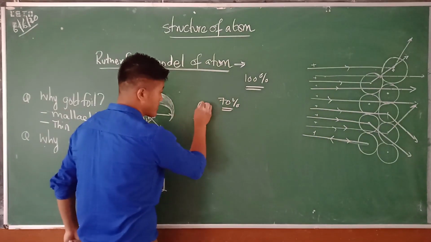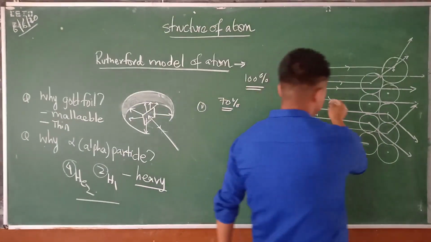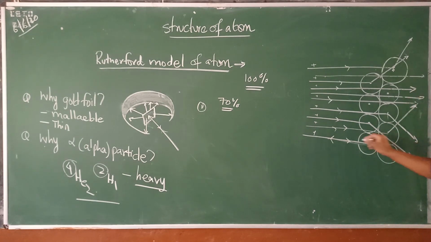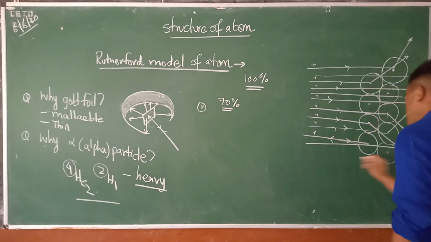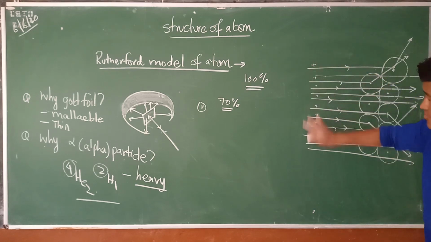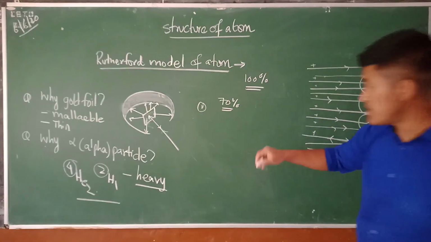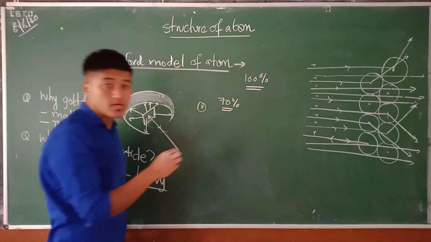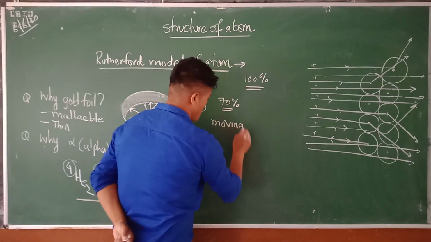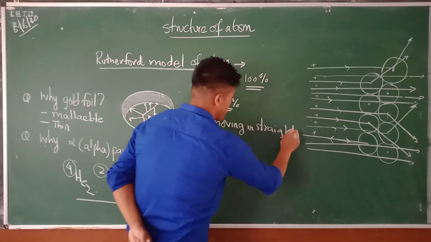I haven't shown it in this one, but in this case I can show you somehow. 1, 2, 3, 4, and here on this side 5, 6. So from 100% of the rays, 70% are traveling in a straight line. They are not getting deflected. They are moving in a straight direction here.